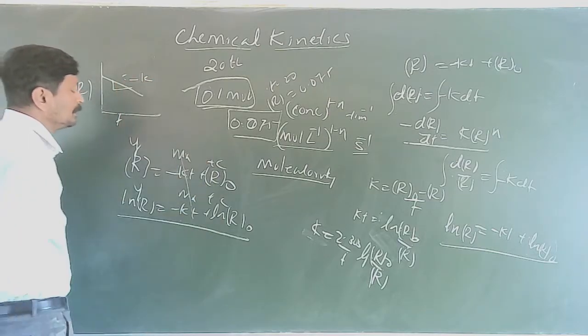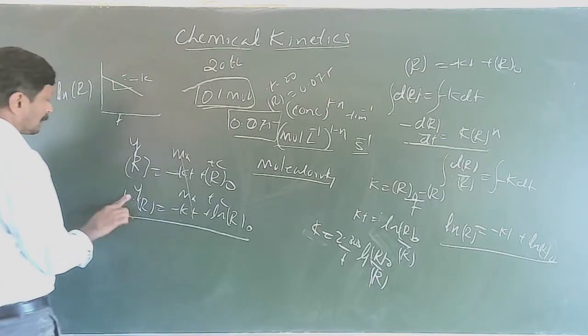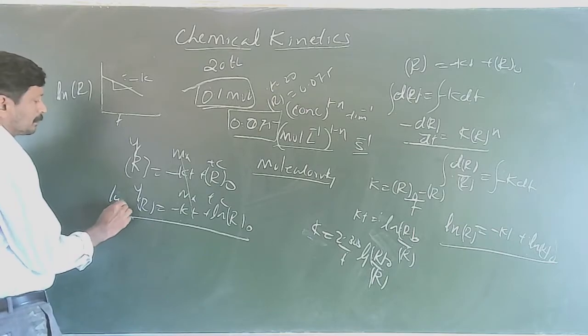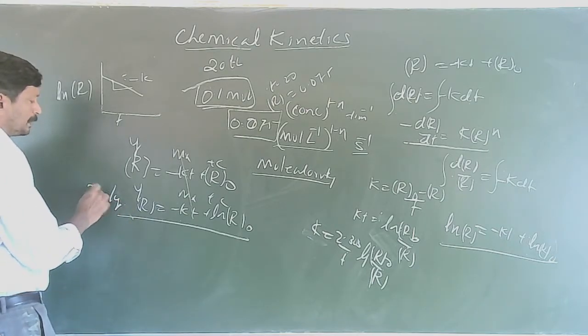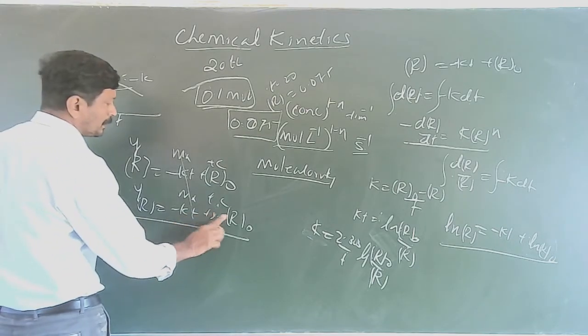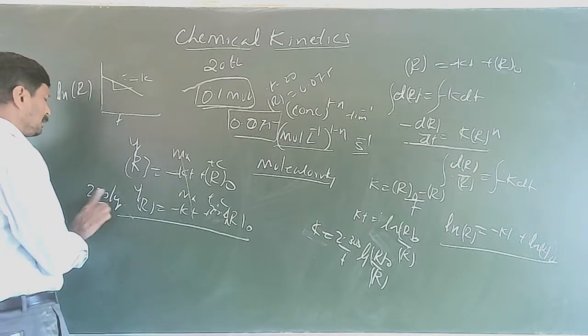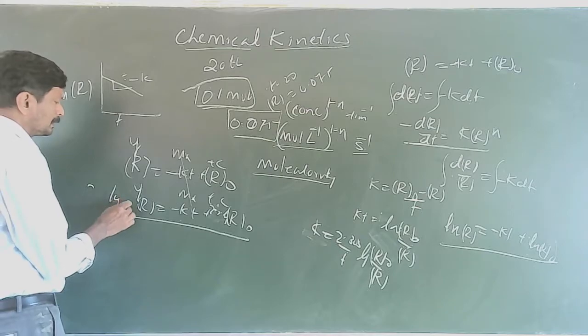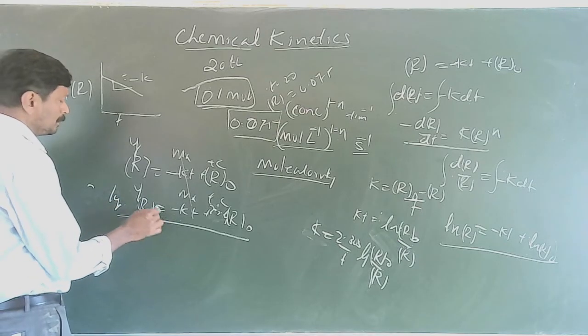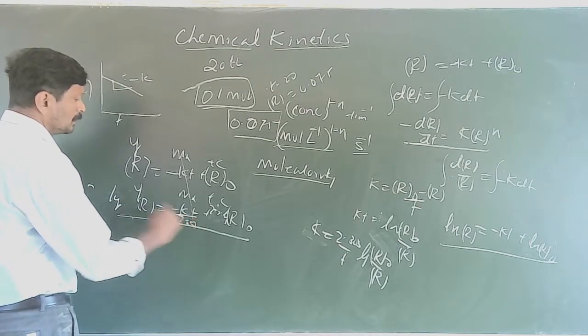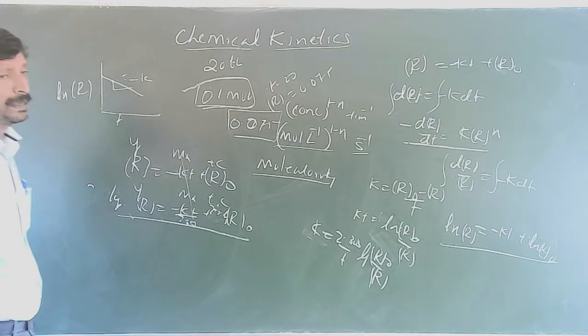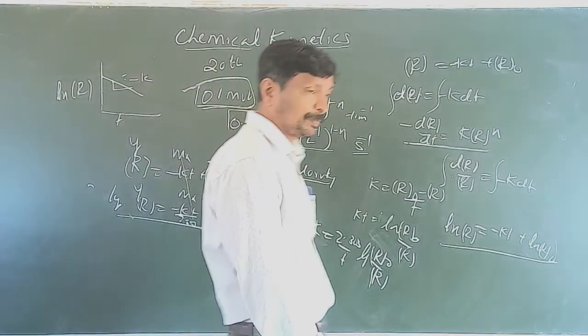Using log base 10, ln is 2.303 log, so dividing by 2.303, we get log R is equal to minus kt divided by 2.303.